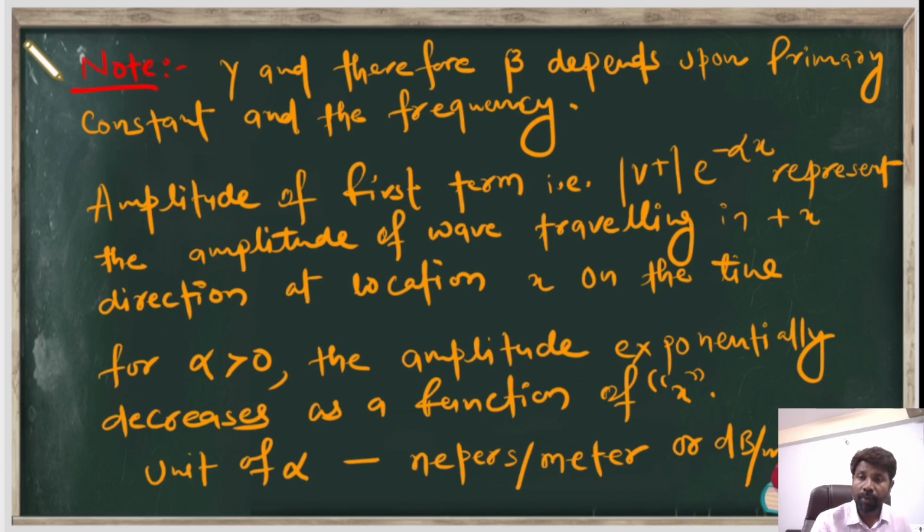If alpha is greater than 0, the amplitude of the wave exponentially decreases with respect to x. Alpha is the attenuation constant, and the unit of alpha is nepers per meter, or sometimes we represent alpha in dB per meter.